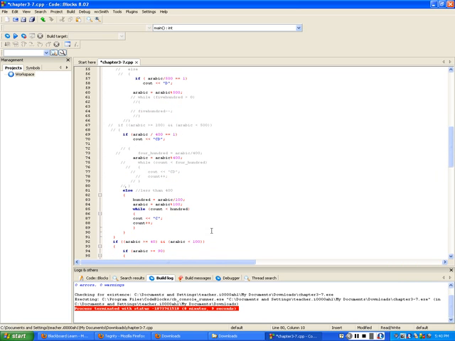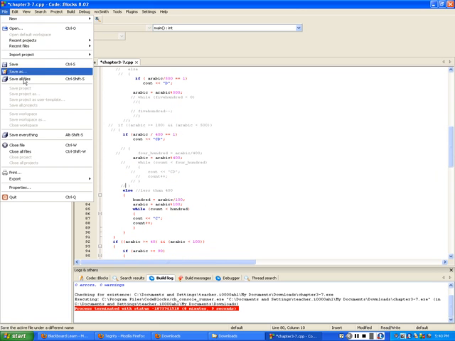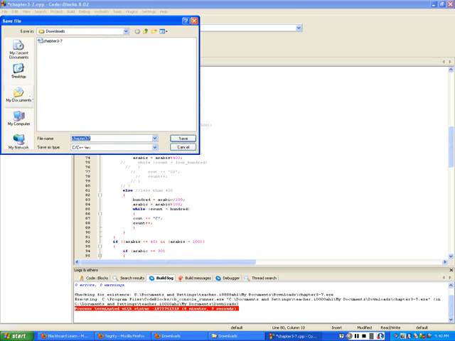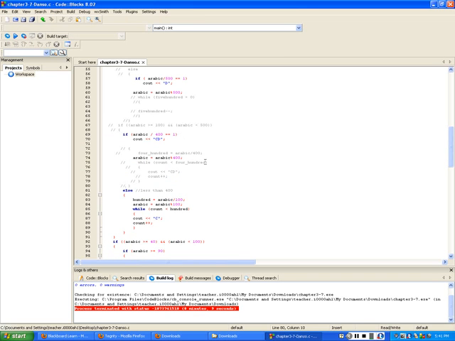File, save as, desktop. Dunzo. Did I spell it correctly? That's fine. Okay. Desktop, save. So I can clean these things up a little bit.